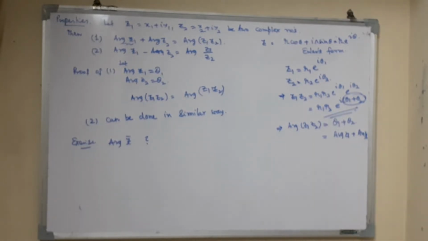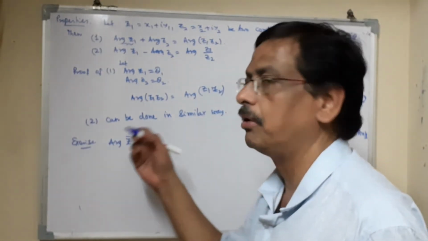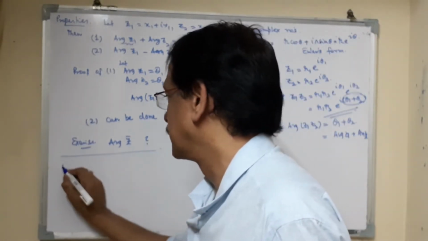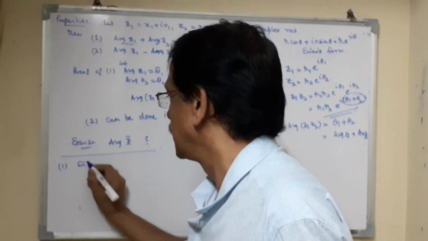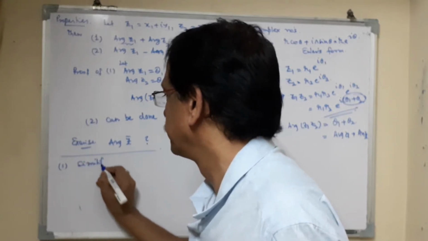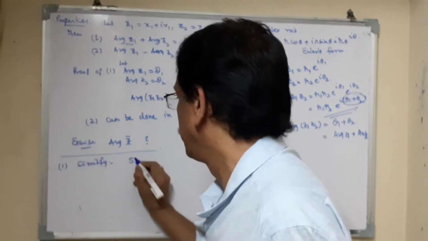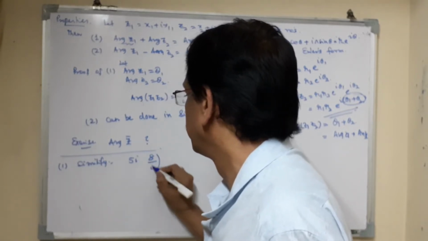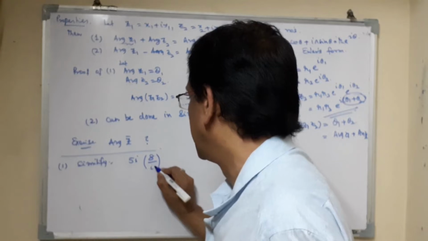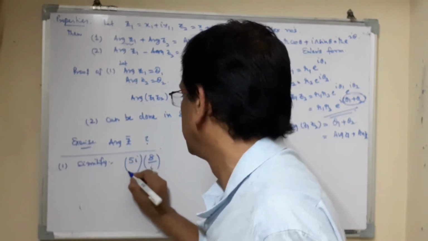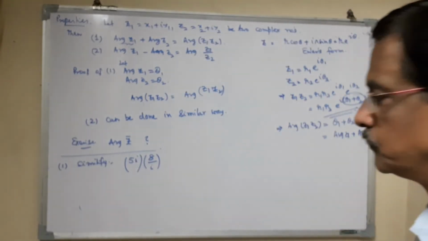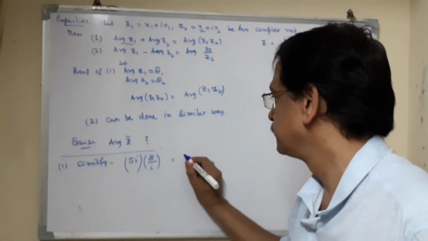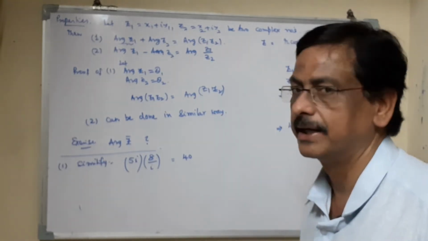Having done all this theory, let me go with a problem. Let us see, simplify 5i into 8 by i. This is very, very simple, because 8 fives are 40, you can cancel i and i.